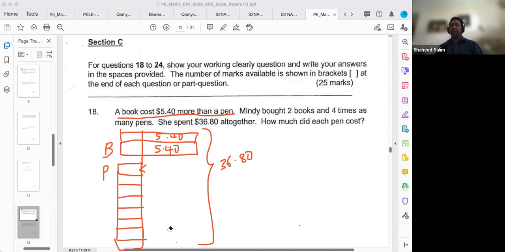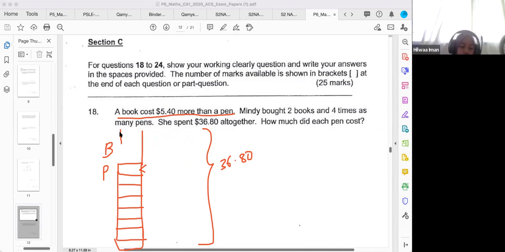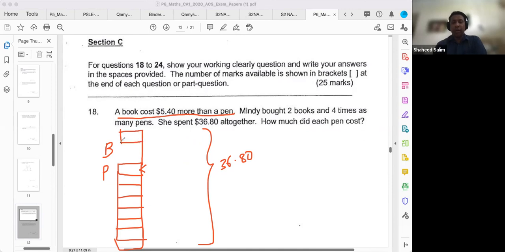How much do you get? What do you get? 26. Now remember, the $26 is for now because you already minus that.